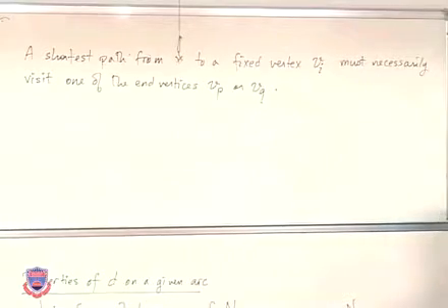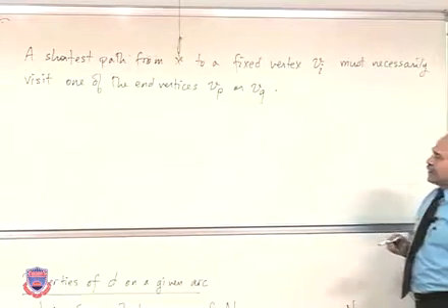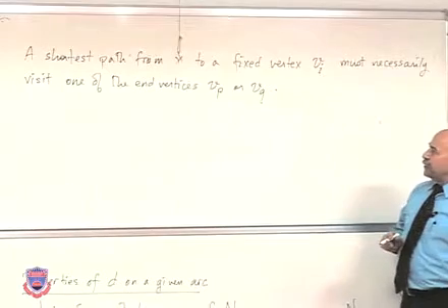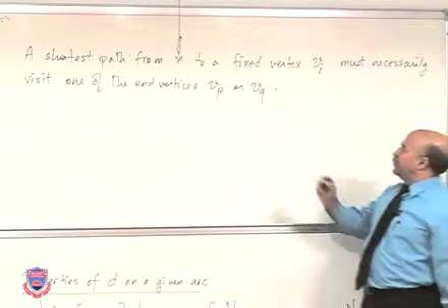So a shortest path from x to a fixed vertex vi must necessarily visit first one of the end vertices vp or vq.